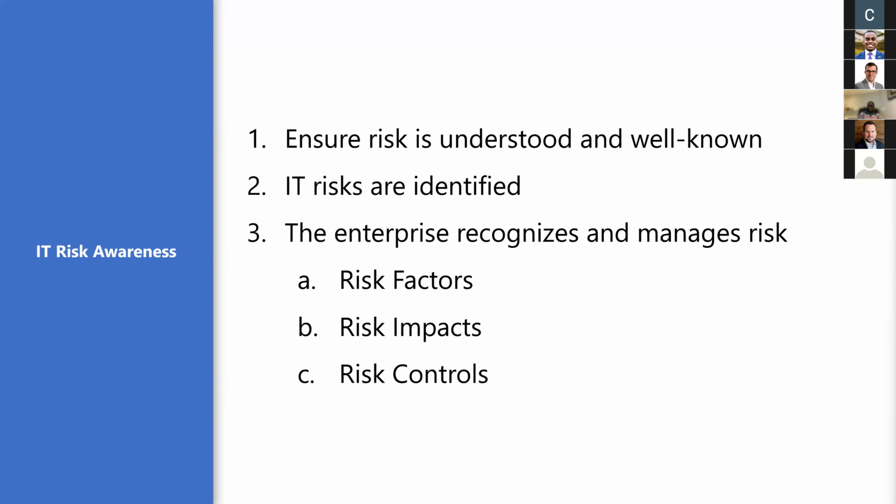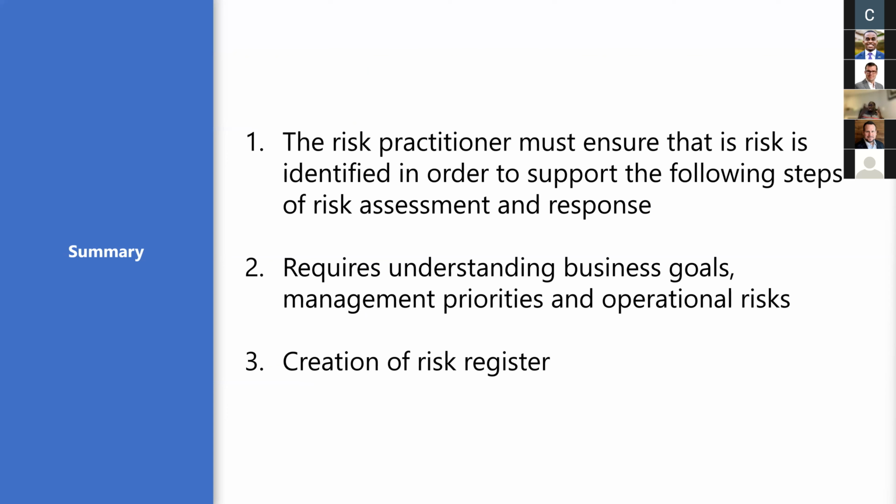And that's pretty much it for today. At a high level, these are just a couple of things we discussed, right? What the risk practitioner must ensure they're able to do to identify a risk, and the importance of understanding business goals and objectives. We cannot downplay this.